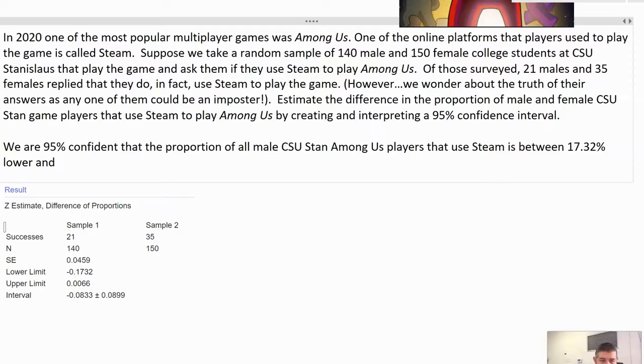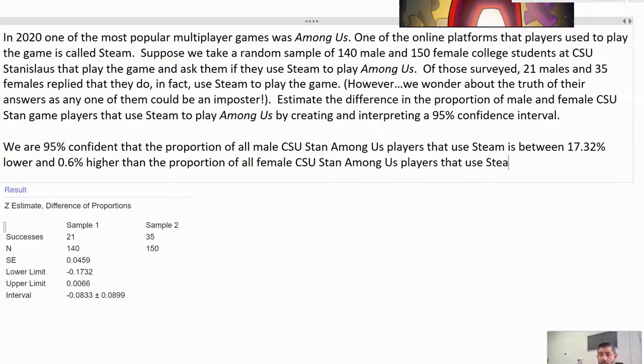And looks like 0.006. So moving the decimal over, it's going to be 0.6%. That's pretty close to 0, right? And 0.6% higher than the proportion of all female CSU Among Us players that use Steam to access the game.